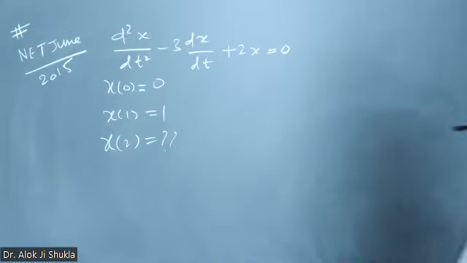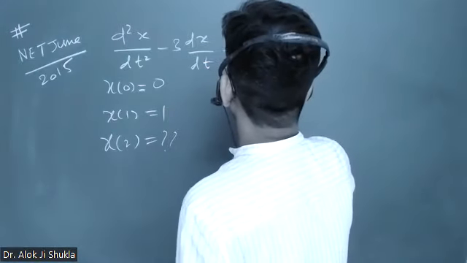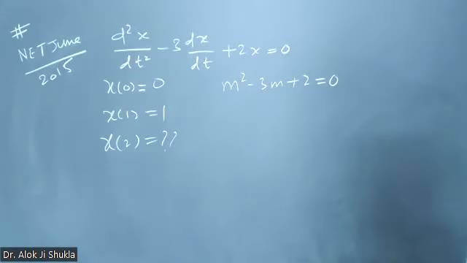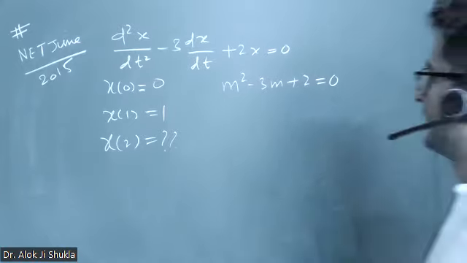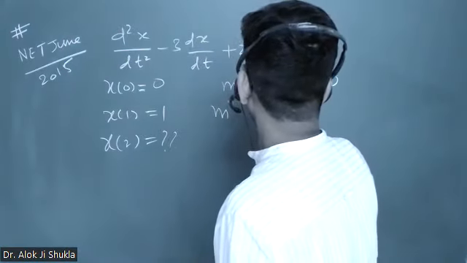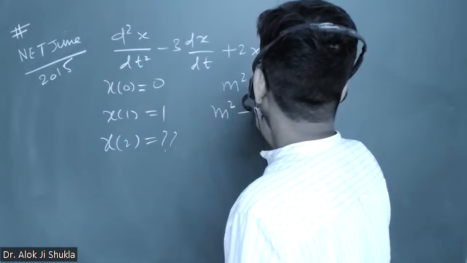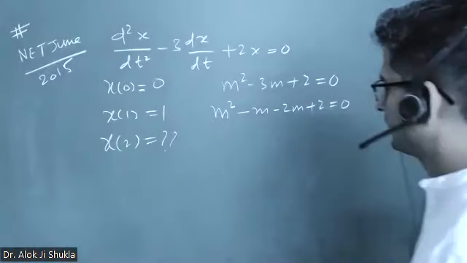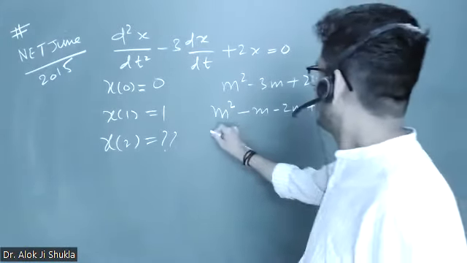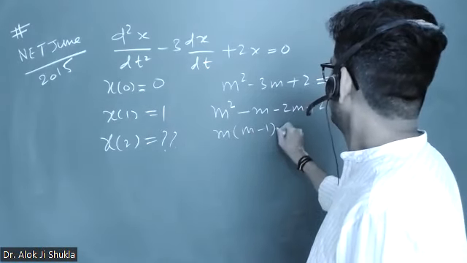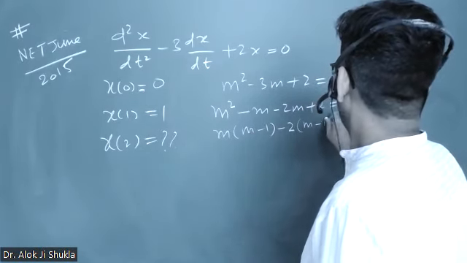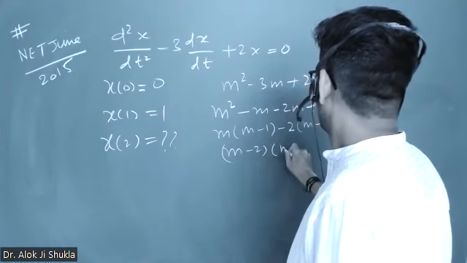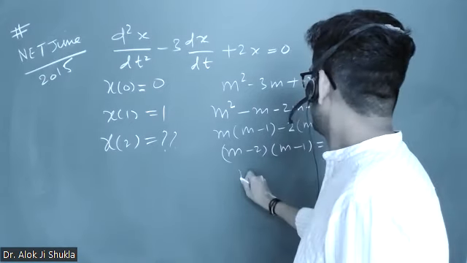Thik hai bhai, karo solve. m square minus 3m plus 2 is equal to 0. So m square, you want 2, so it will be minus m minus 2m plus 2 is equal to 0. m common, m minus 1, minus 2 common, m minus 1 is equal to 0. m minus 2, m minus 1 is equal to 0.